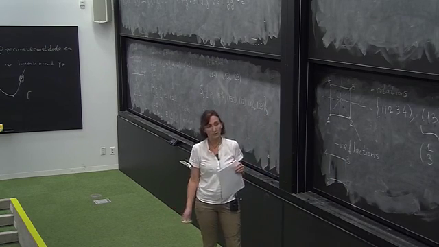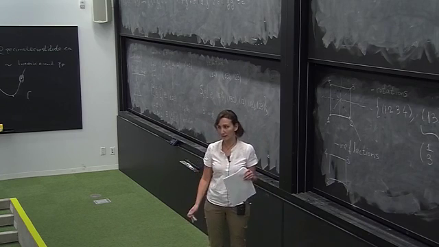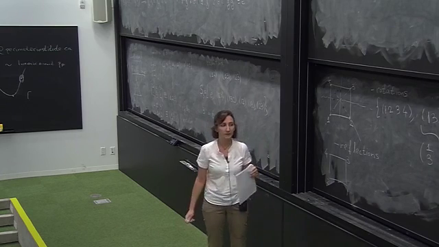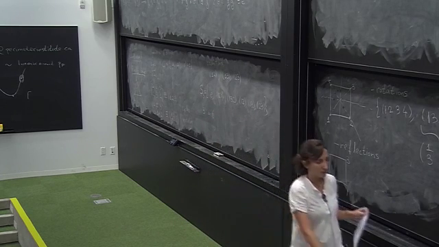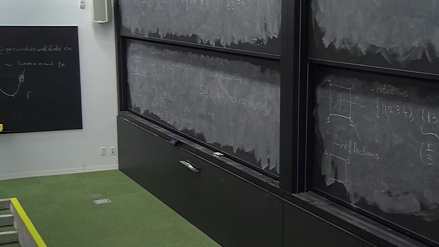Okay? You cannot visualize it like this. The group of permutations of n elements is known as Sn.